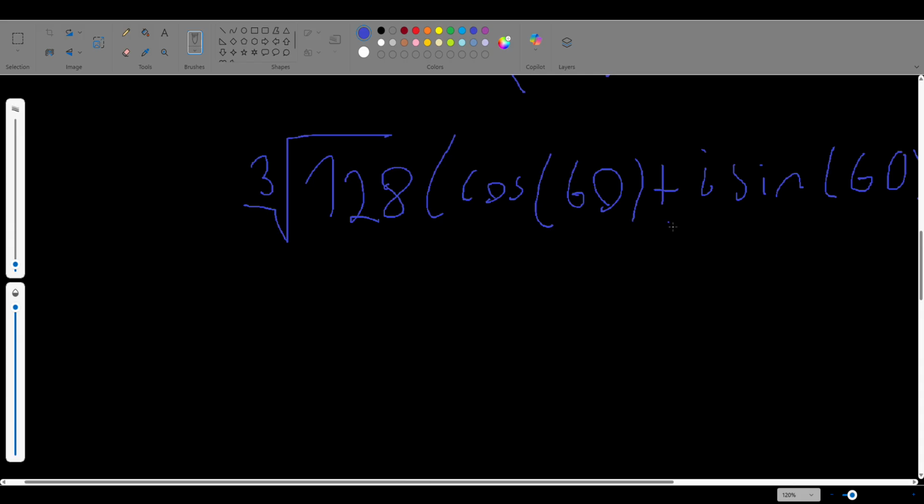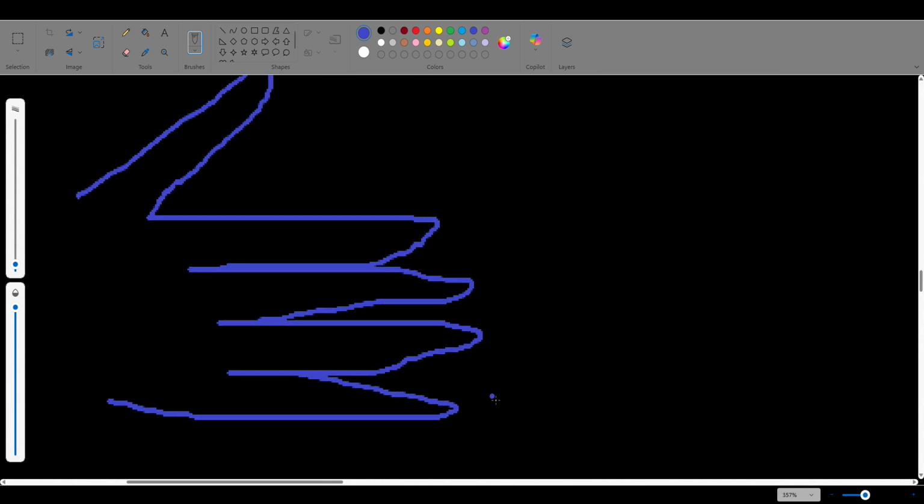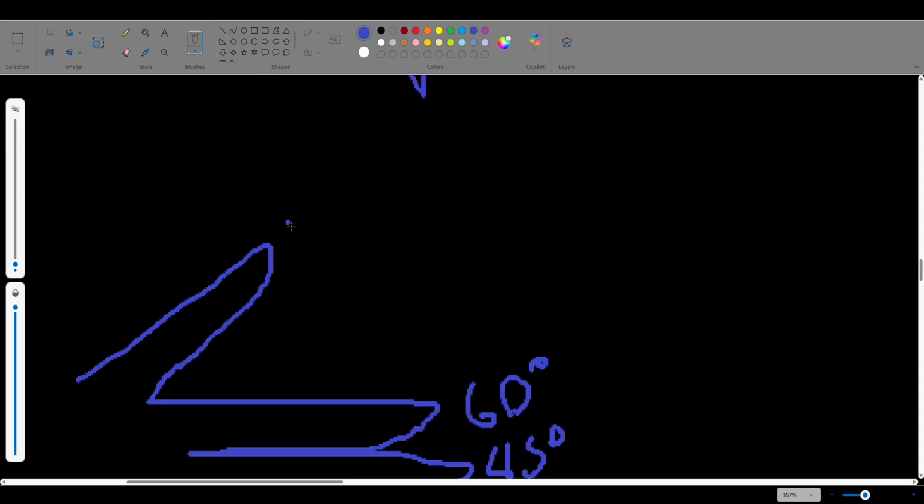So right now, I want you to get out your left hand, palm facing forwards, like this, all fingers included. And for each finger, I want you to label it by degrees: 0, 30, 45, 60, and 90.